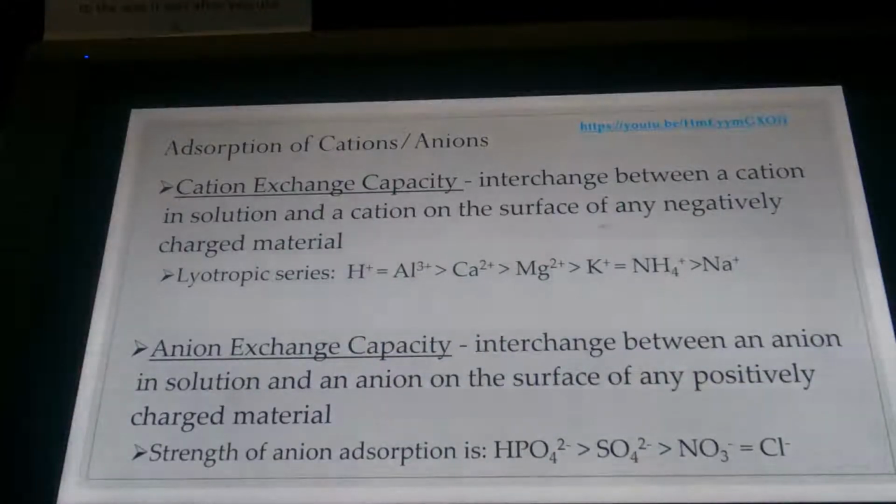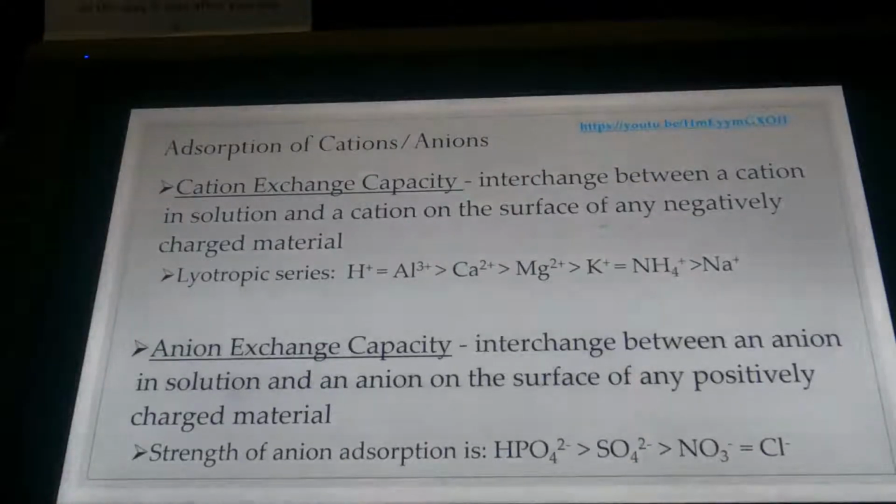Remember we talked about the cation exchange capacity. Knowing the lyotropic series, you will probably be asked questions about the lyotropic series in that order. What we notice here is that we tend to have a greater charge down to a single charge. So a good way to study for that is knowing that the greatest charge is going to be on the left side, except for the hydrogen, right?